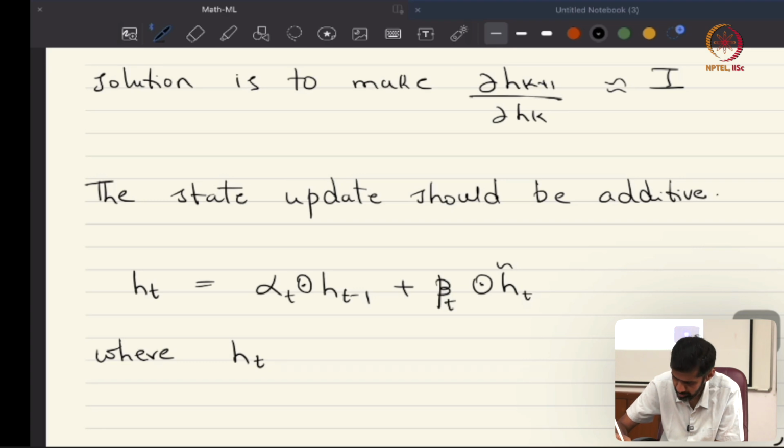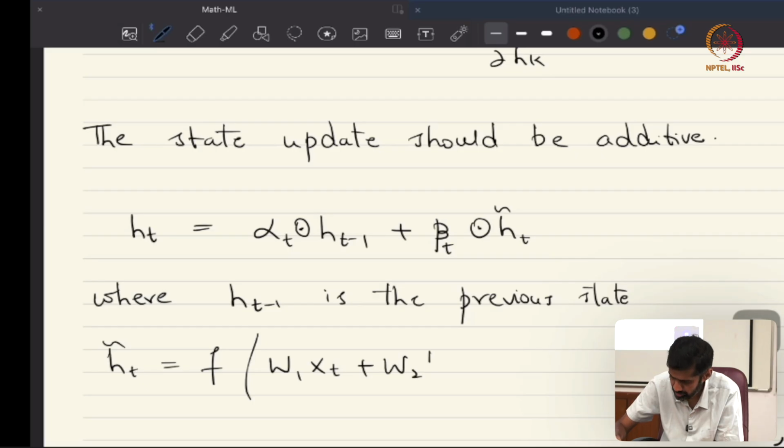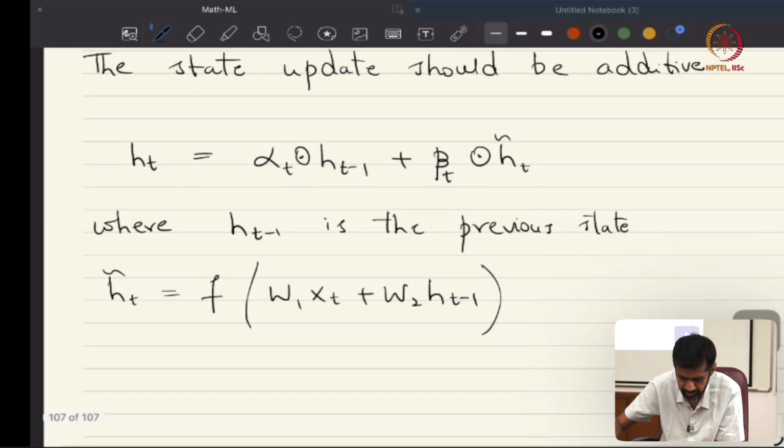ht minus 1 is the previous state, ht tilde is some function of w1 xt plus some w2 ht minus 1 plus some bias.